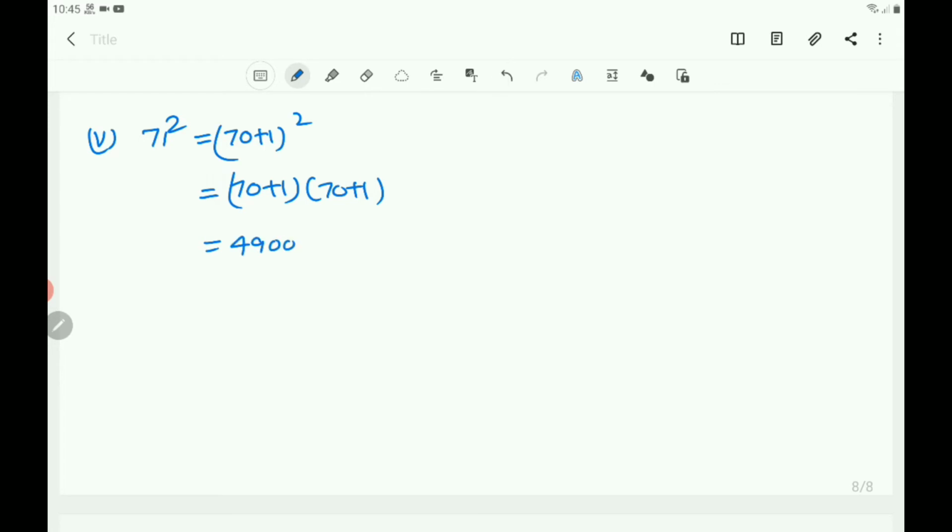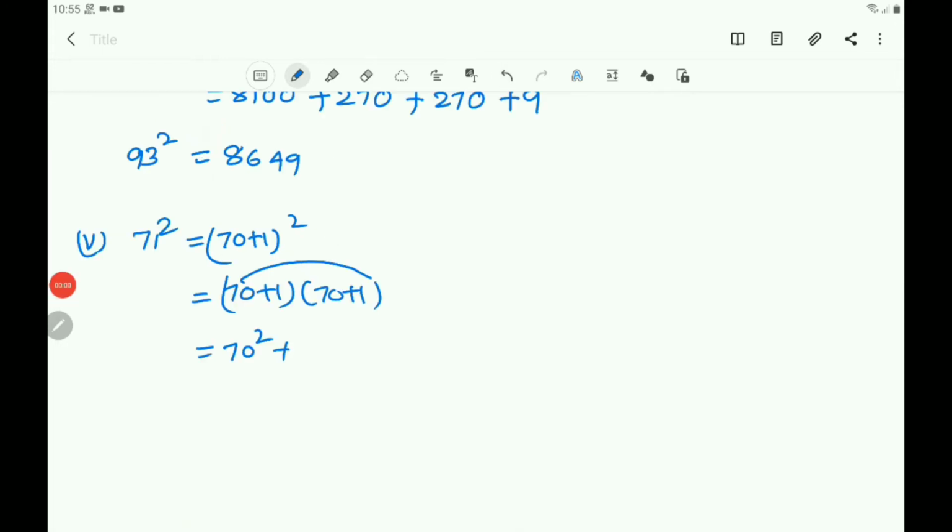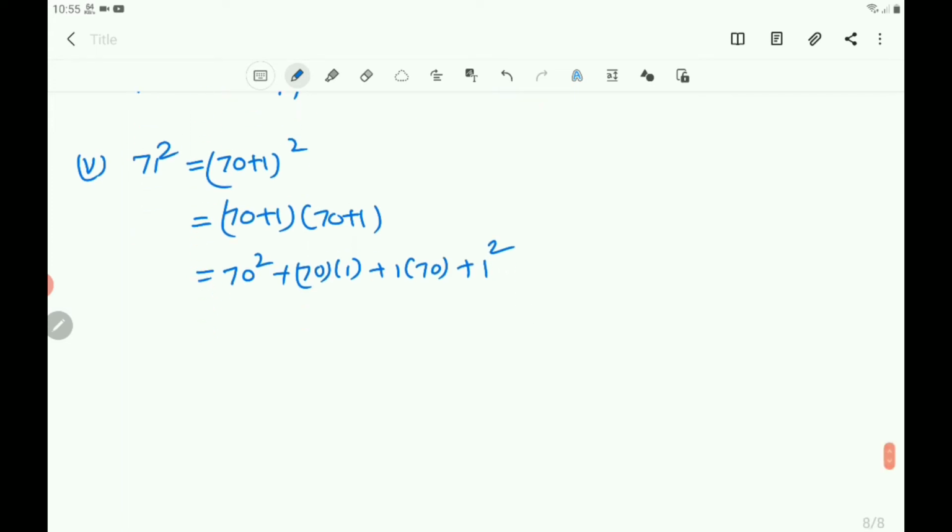You can write 70 square plus 70 into 1 plus 1 into 70 plus 1 into 1. That is 1 square.